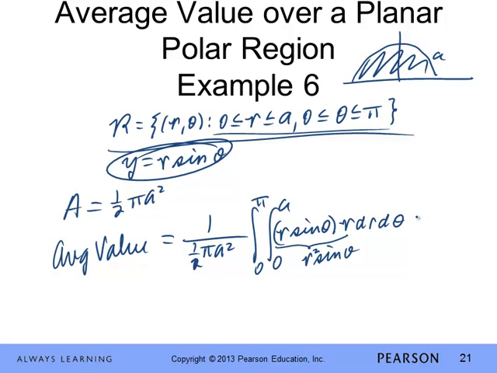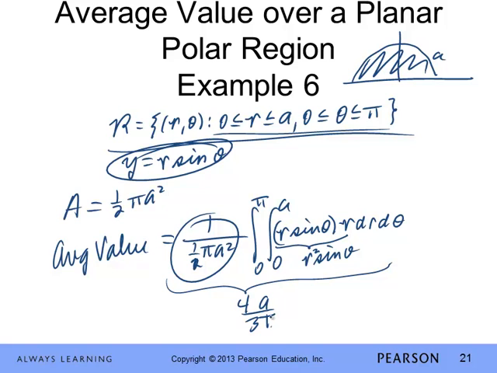I'll let you check the details, but this whole integral, including the 1 over the area, I guess that works out to be 4a over 3 pi. Go ahead and work through the details. As we go through the semester, I leave a lot of details out because I'm assuming that you can look them over in the example or work them out in detail yourself.